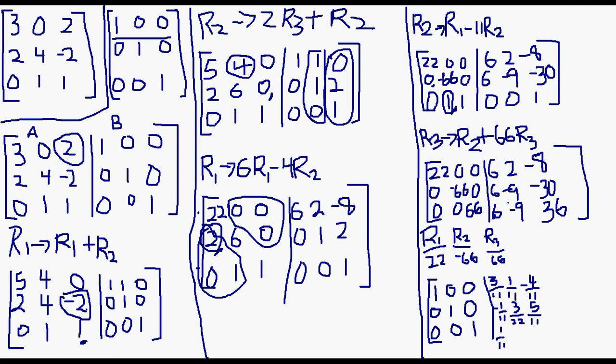And then negative 3 over 22. And then 6 over 11. So now this becomes the inverse of the matrix.